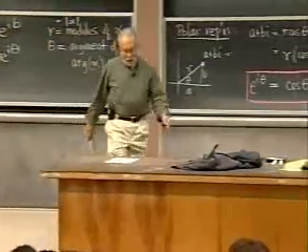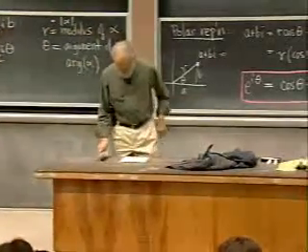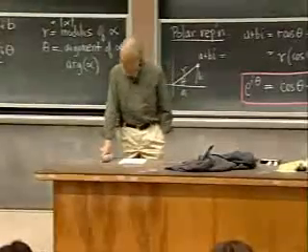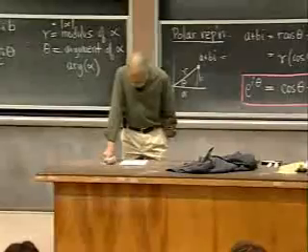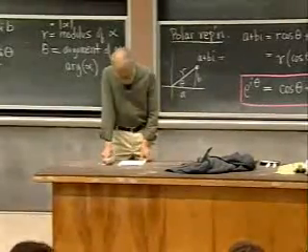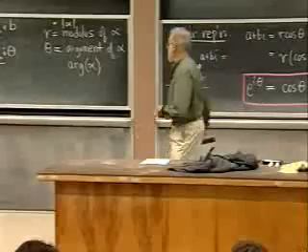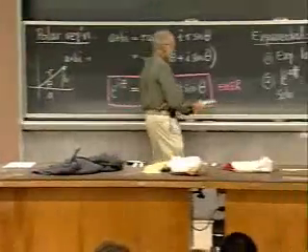Okay, the notes give you a little practice changing things to polar form. I think we will skip that in favor of doing a couple of other things, because that's pretty easy.